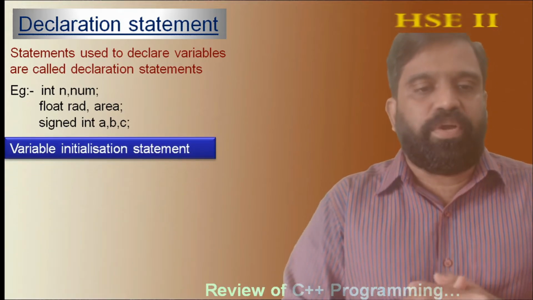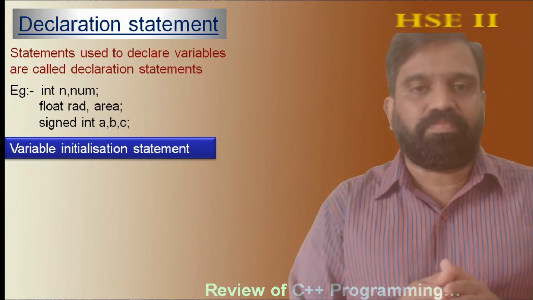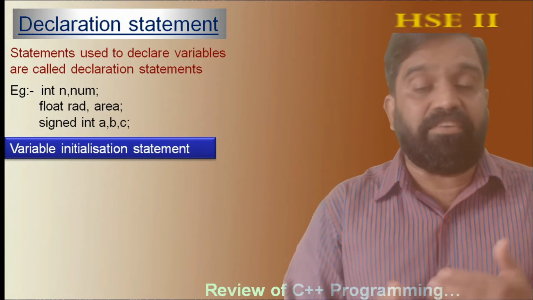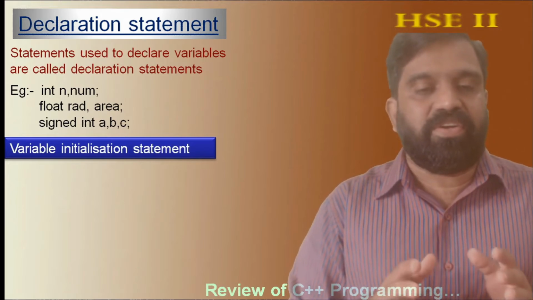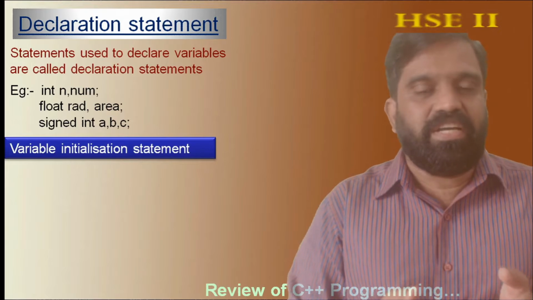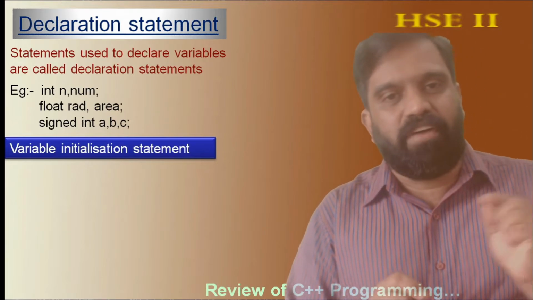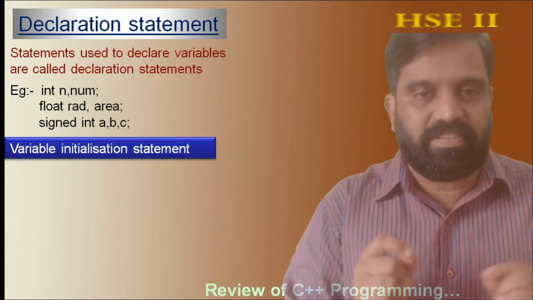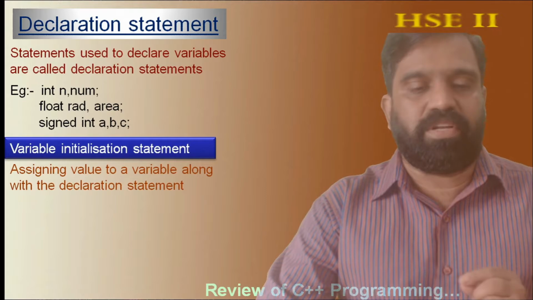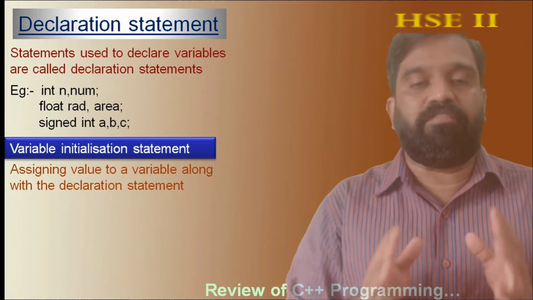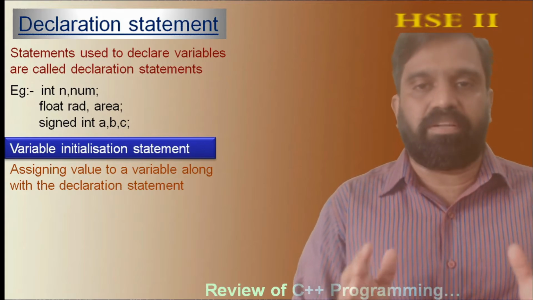In some situations, we have to assign a value while declaring the variable itself. That is known as a variable initialization statement. We are initializing a value for the variable while declaring the variable itself, assigning a value to a variable along with the declaration statement.